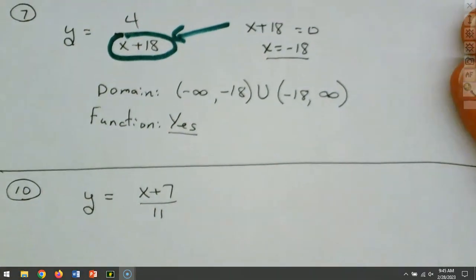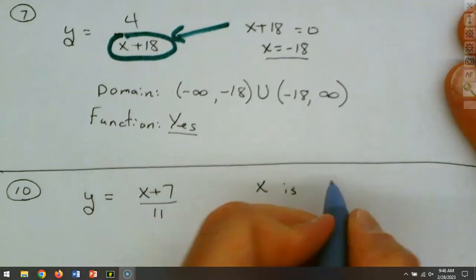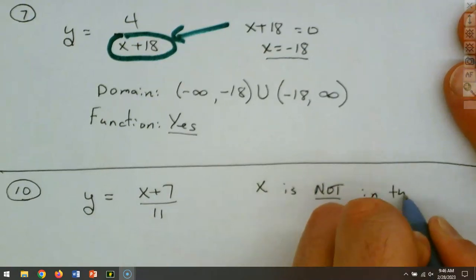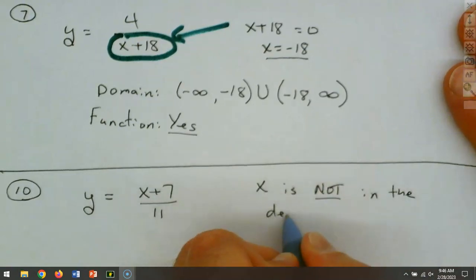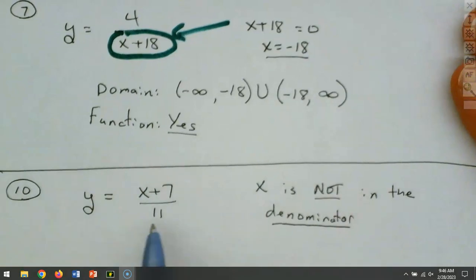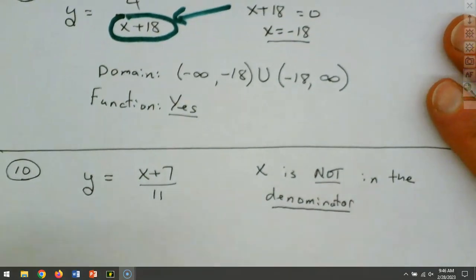Now, how is this one different? Well, on this one, x is not in the denominator. Right? So x is not in the denominator. So we can never have division by 0.